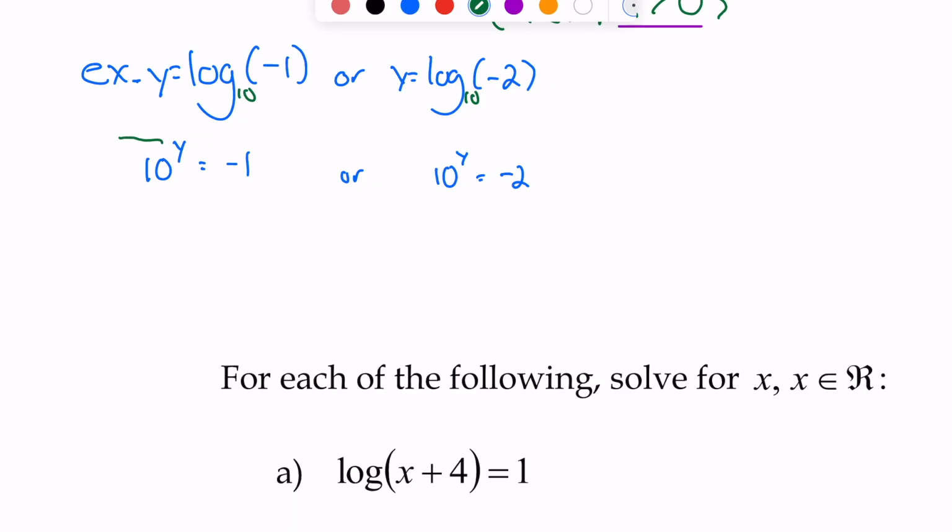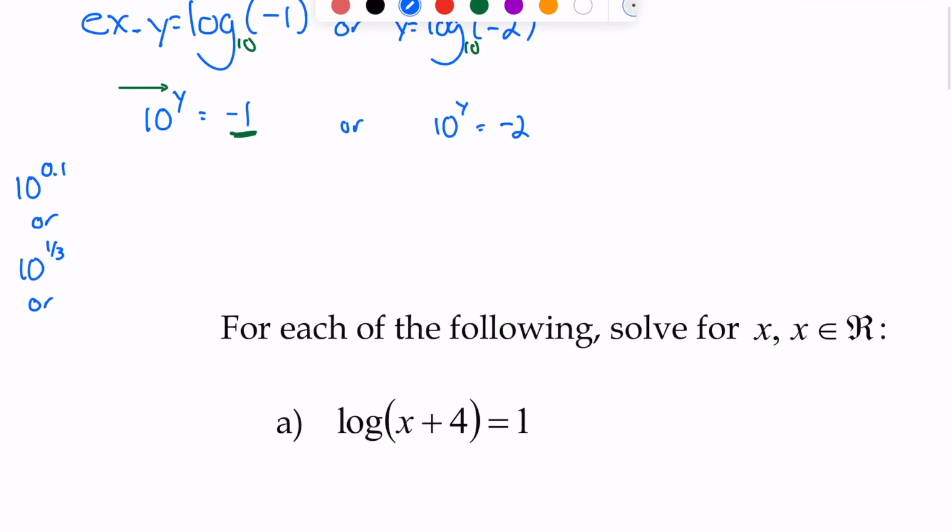Is there a number that you can plug in for this y that would solve to a negative? Think about all the different types of numbers you have. Try putting in a decimal, like 0.1, or a fraction, like 1/3, or a really large number, like 200. How many versions of numbers do you want to try? What you will find is that all of these will always give you a positive output.